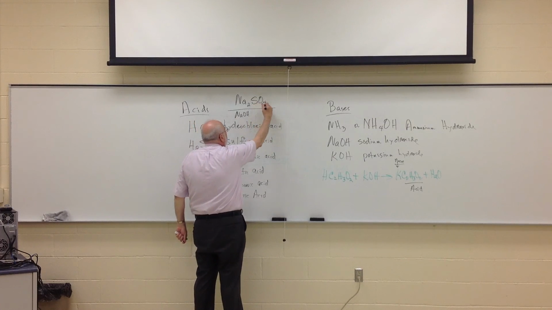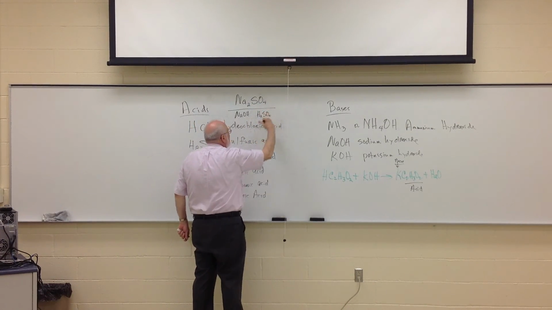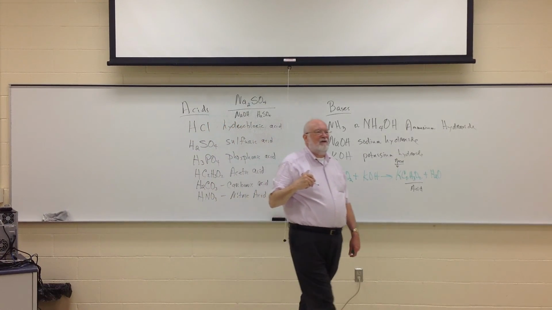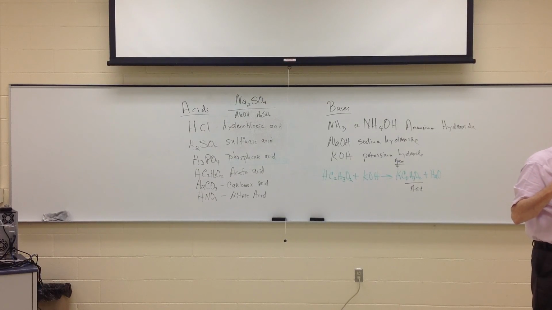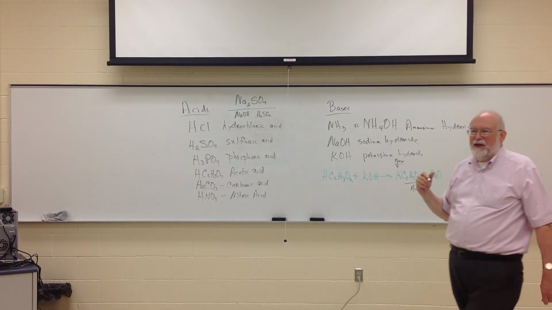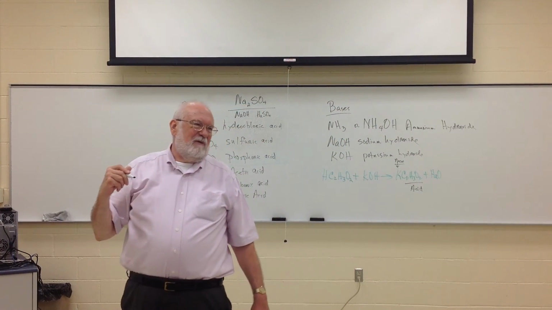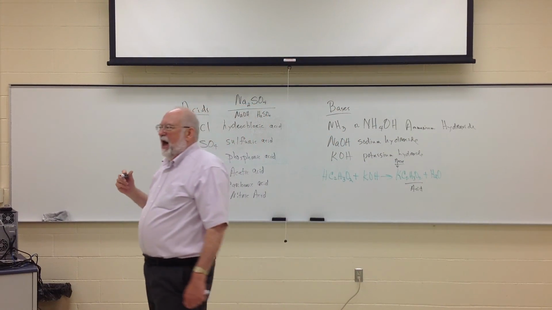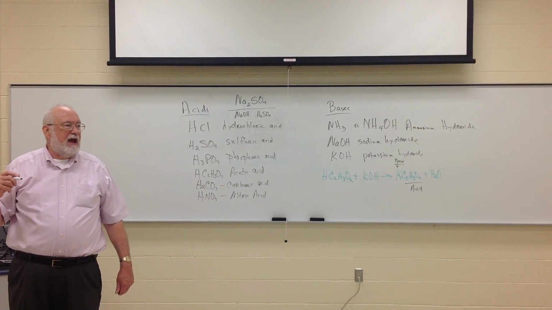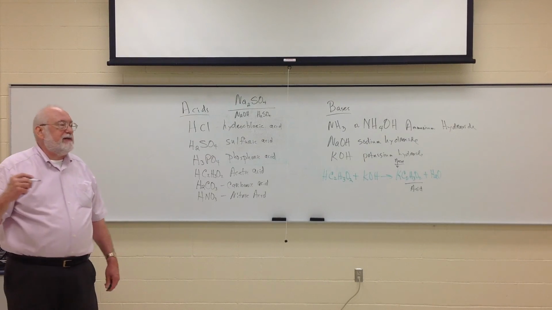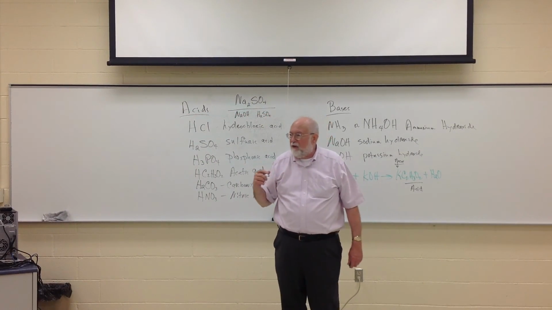And if that came from the acid, all you got to do is throw on however many hydrogens it takes to get a neutral compound, right? So the sulfate would come from sulfuric acid. All you got to do is throw a couple of hydrogens on it. Now that'd be easy, wouldn't it? I don't think I'm going to ask you to do that. But we ought to know what an acid, a base, and a salt are by definition, and we ought to be able to pick them out when we see them coming.